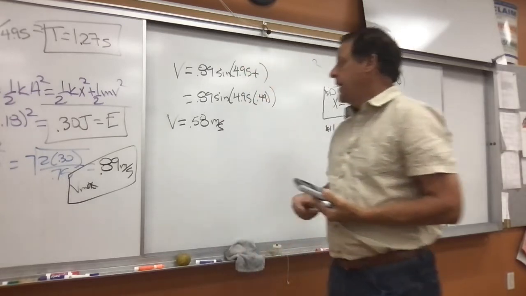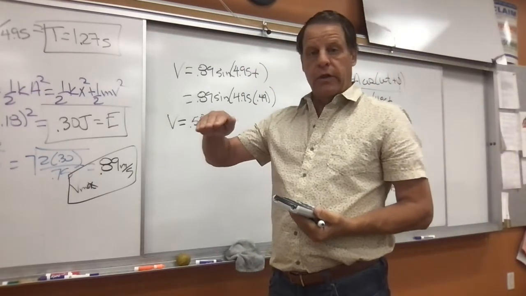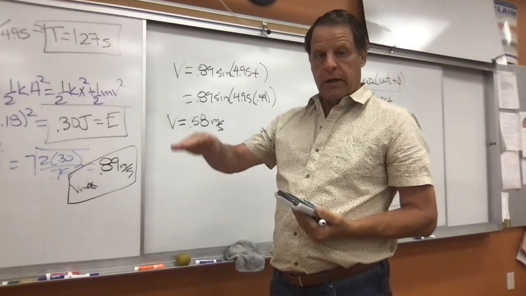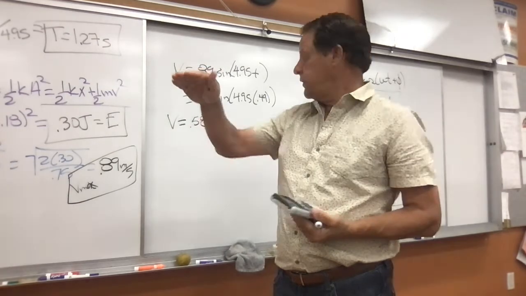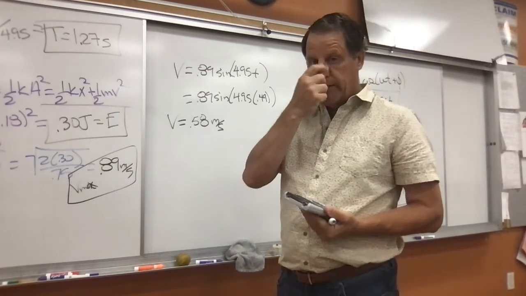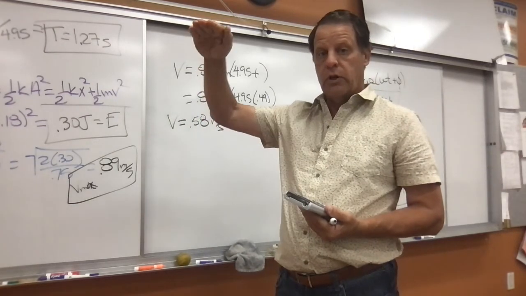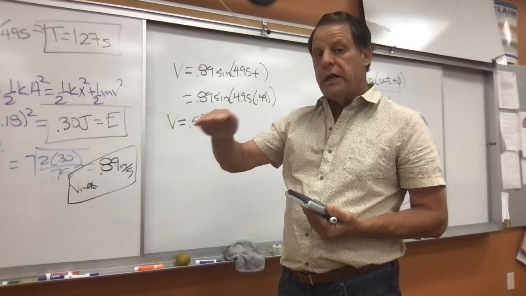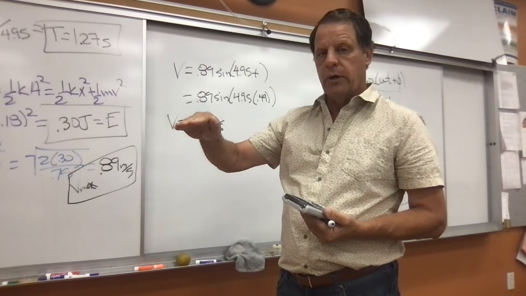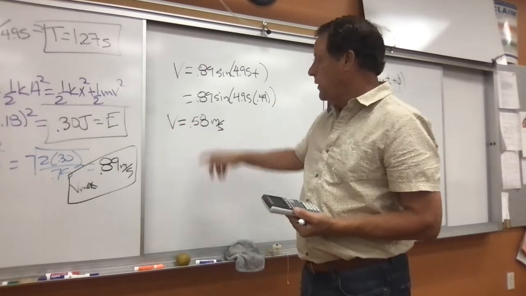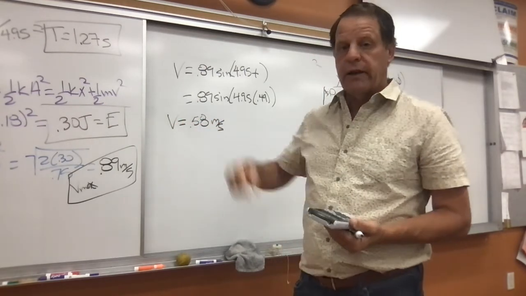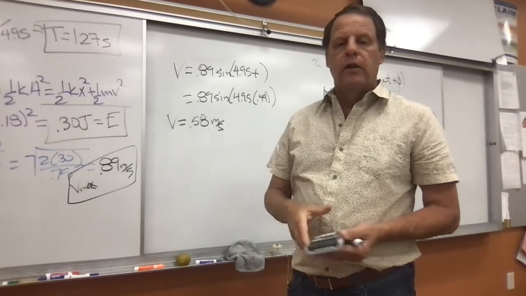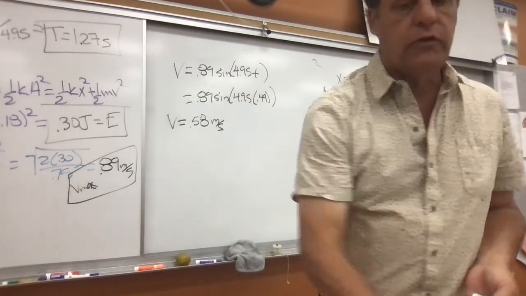Okay, now you guys, if it's starting from the bottom and it comes up, once it reaches that 42 centimeter mark, it's going to be going 0.58 meters per second, right? Then it's going to reach all the way to the top, and then it's going to start its way back down. So when it reaches that 42 centimeter mark, it's going to be going 0.58 meters per second, but now it's going to be going negative.